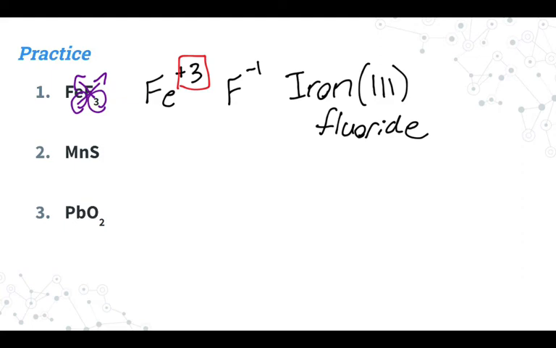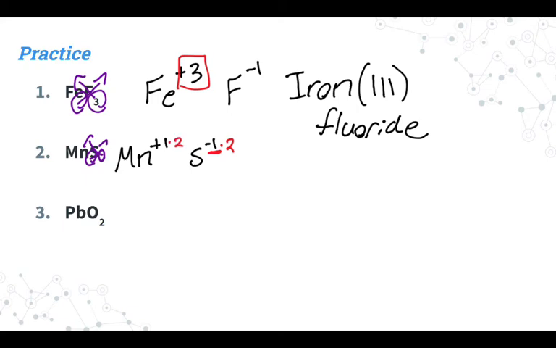All right, number 2. We're going to uncross these charges. So we get our Mn plus 1, S minus 1. Now, what you may notice is that our sulfur does not have a -1 charge. It is supposed to have a -2 charge. So we're going to go ahead and multiply it by 2, but whatever we do to one element, we have to do to the other.